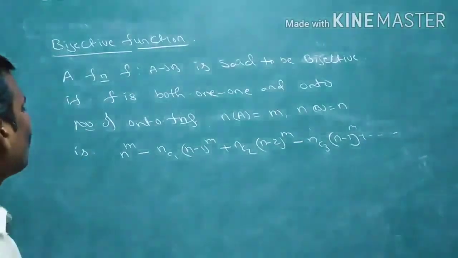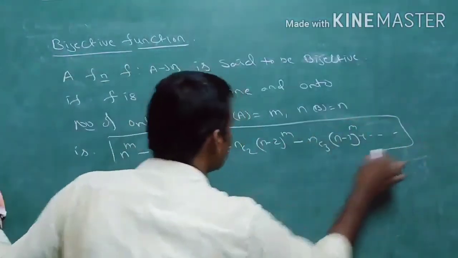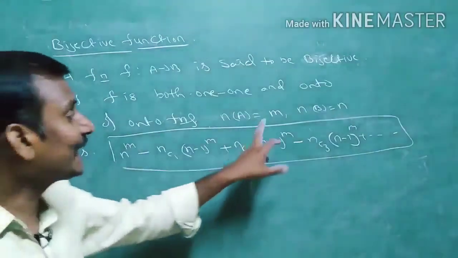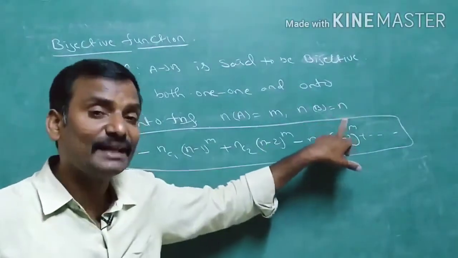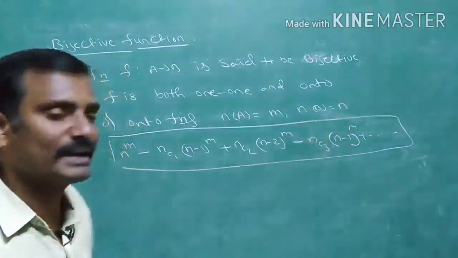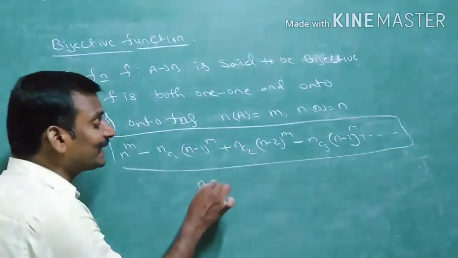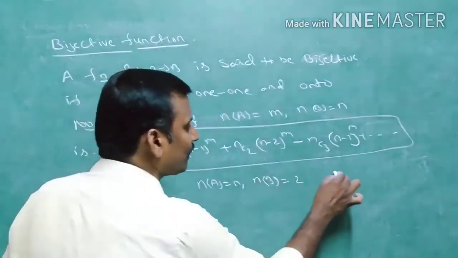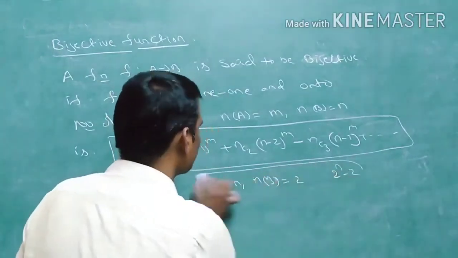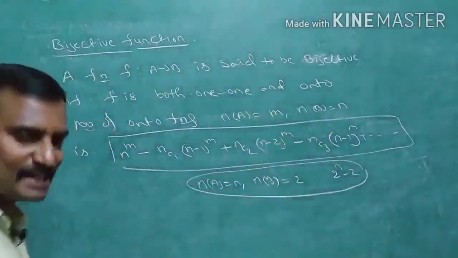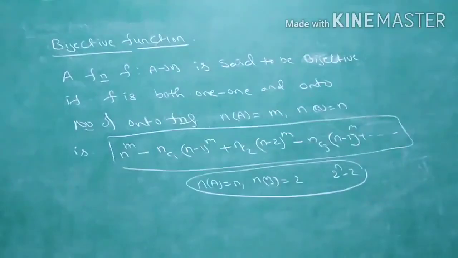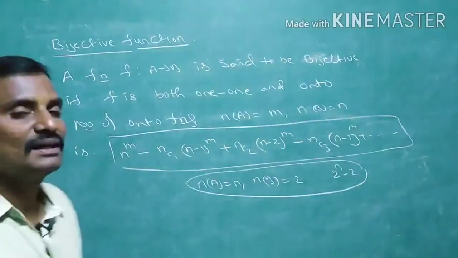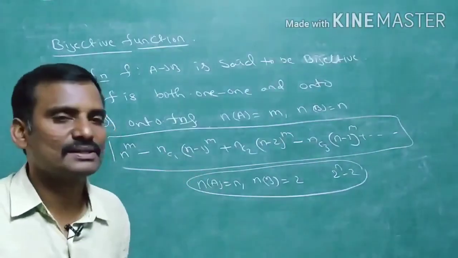Okay, this is the formula for the number of onto functions, set A containing m elements and set B containing n elements. Or if set A contains n elements and set B contains 2 elements, then it is 2 power n minus 2. This is the formula. Okay, so these are the definitions and formulas.